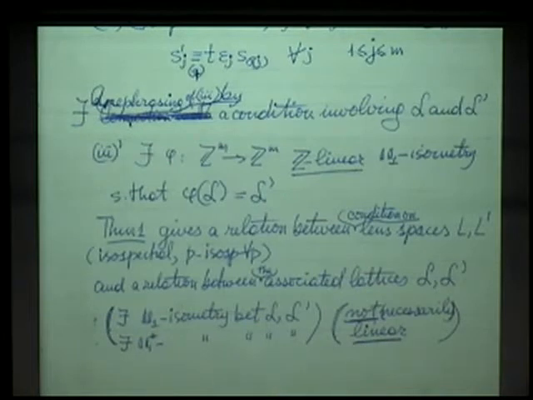So this resembles the classical case of the tori, for instance. You may have two lattices that are not conjugate, but they are quasi-conjugate in the sense that for a fixed length there is the same number of elements.